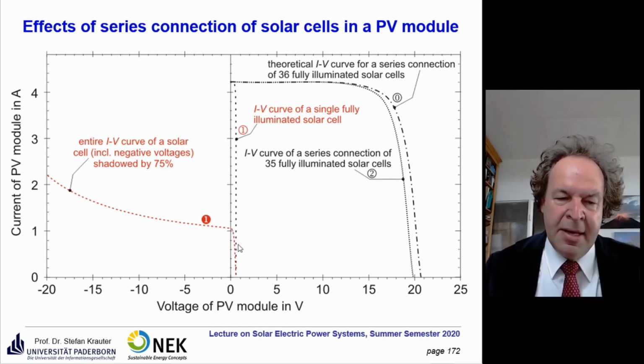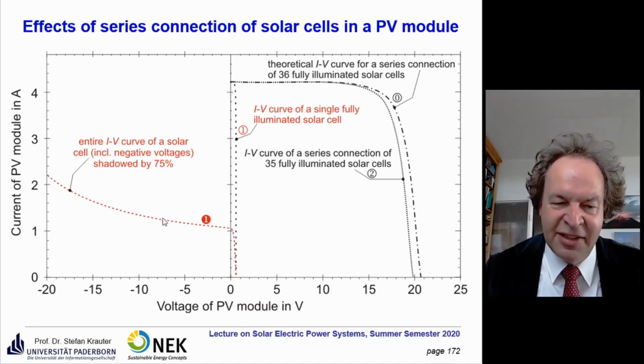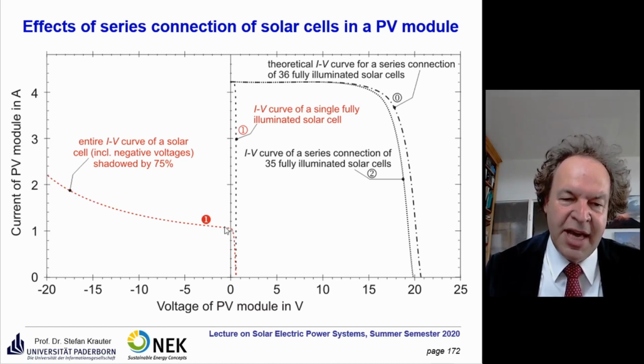And we also take into consideration what happens if you apply a negative voltage on that cell. Usually you shouldn't expect an increase there, but these solar cells are not ideal, so you have a small increase in current.